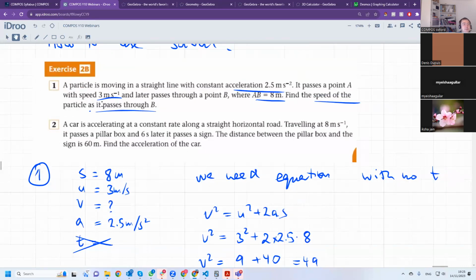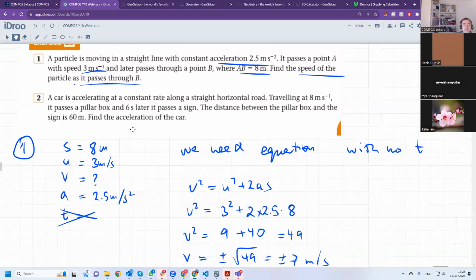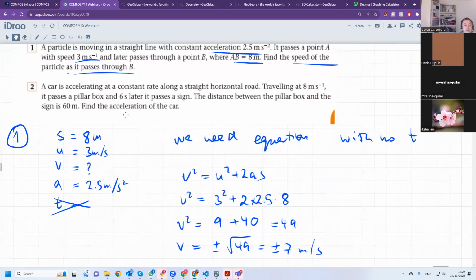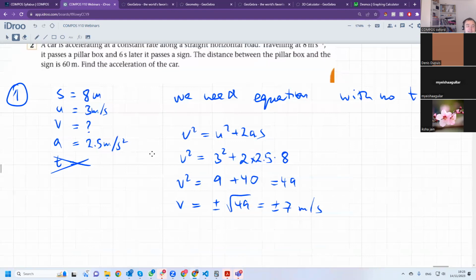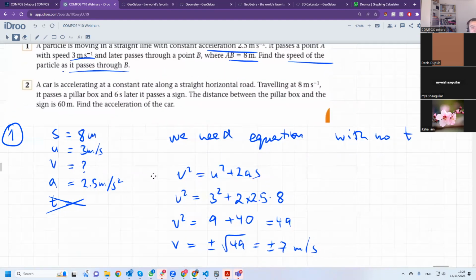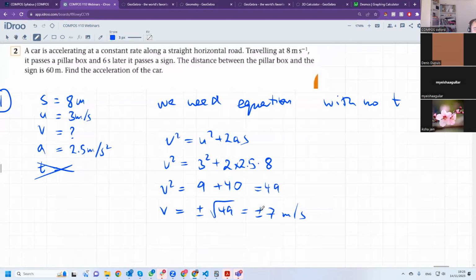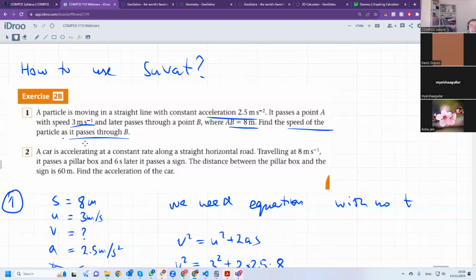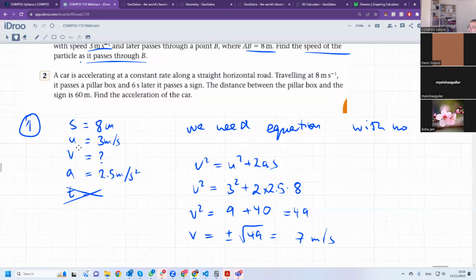A straight line, it passes point A with speed 3 and later passes point B. So yeah, you have to assume that it is plus 7, because the minus 7 doesn't make any sense because it's accelerating. It's traveling at 3 meters a second and it's accelerating, so it can't get to minus 7. That's what I'm trying to say.